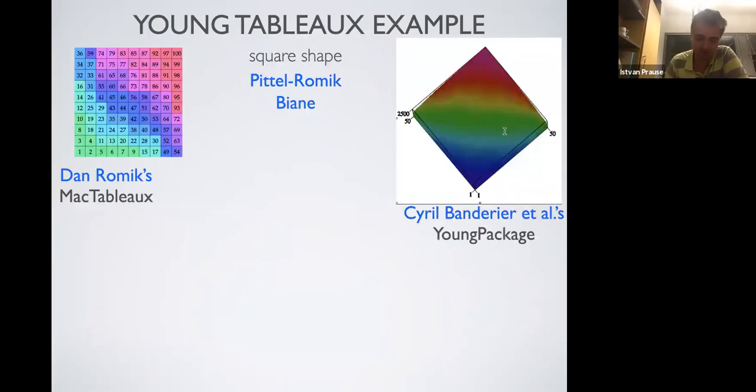Now this works also for other kinds of models. For instance, this is an example for Young tableaux. We can look at a square shape as a Young diagram, and then fill the cells in a monotonic manner in both directions, from 1 to, in this case, 100, to consider random Young tableaux.